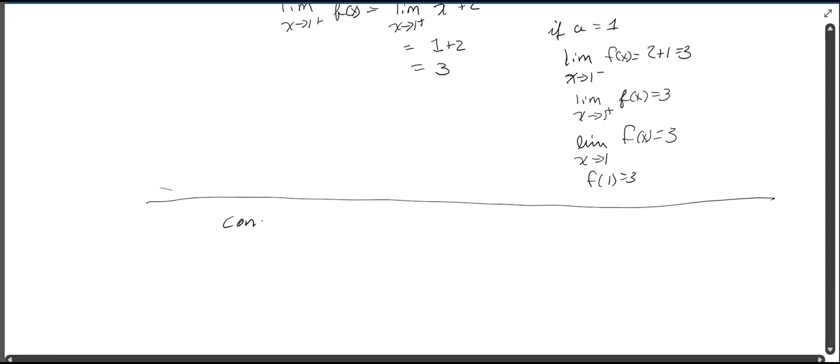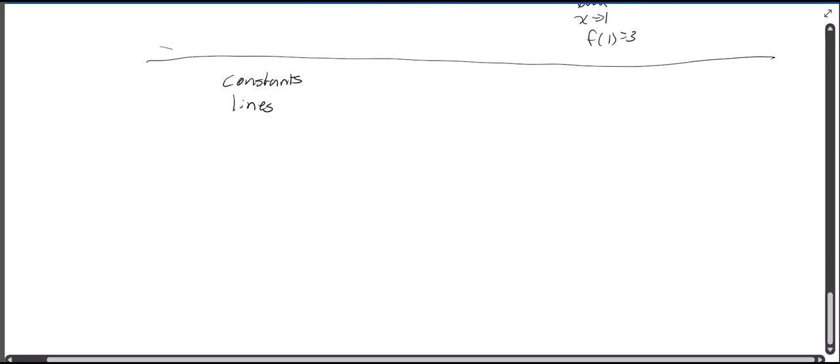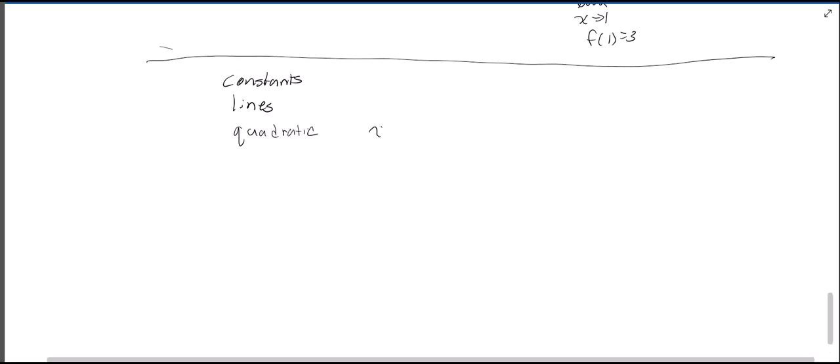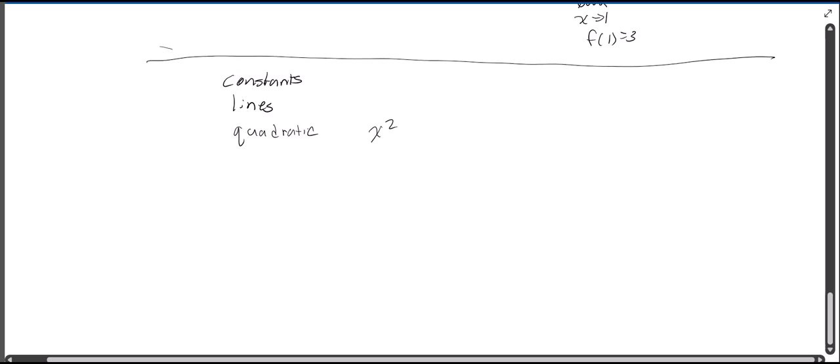We did constants. We've done lines. And then the next you'll have our quadratics. And anything that has a quadratic term, that just means it has an x squared term. It's going to be a parabola. It'll look like that, or it'll look like that.